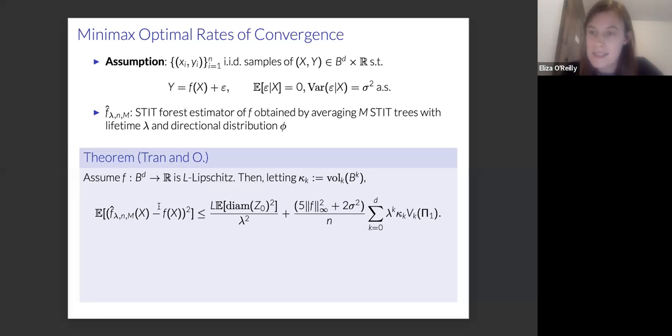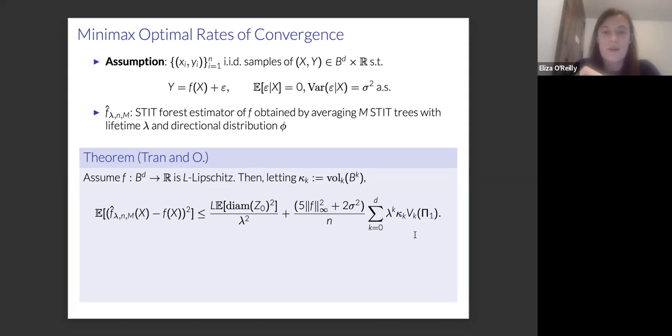And those constants, depending on the typical cell, end up reducing to these intrinsic volumes of the associated zonoid of the STIT tessellation with lifetime 1. So the variance is just a polynomial in the lifetime, and the coefficients depend on this deterministic convex body, the associated zonoid.